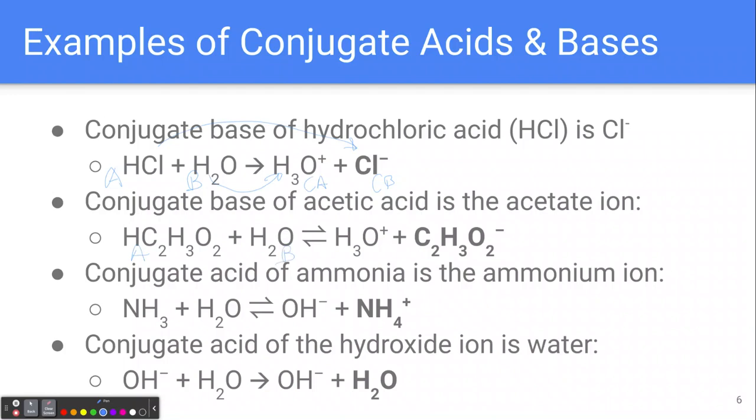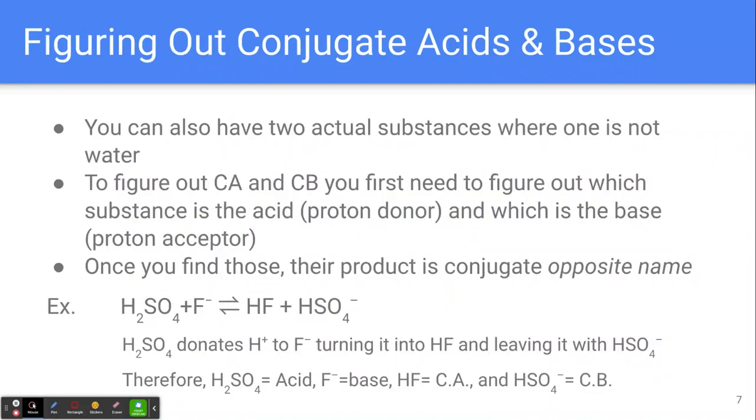This one was our base. Our base turned into that. That's our conjugate acid. Our acid turned into this. That's our conjugate base. Down here we've got base. Water's acting as an acid. That turns into our conjugate acid, NH4 plus, and our acid of water is turning into our conjugate base of OH minus.